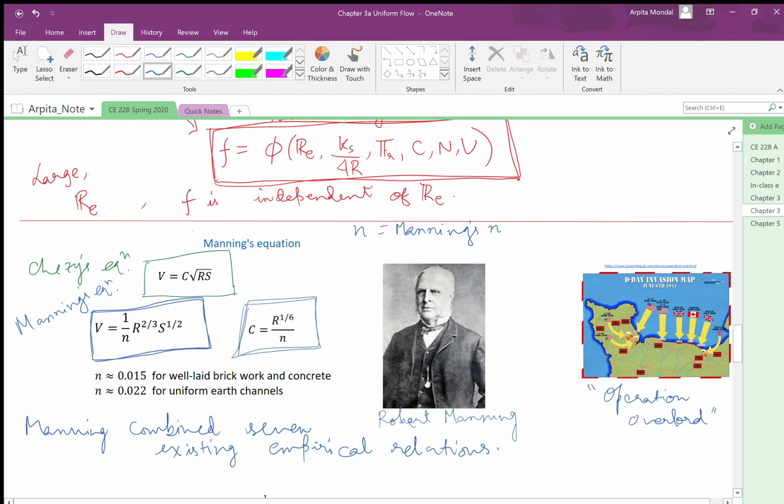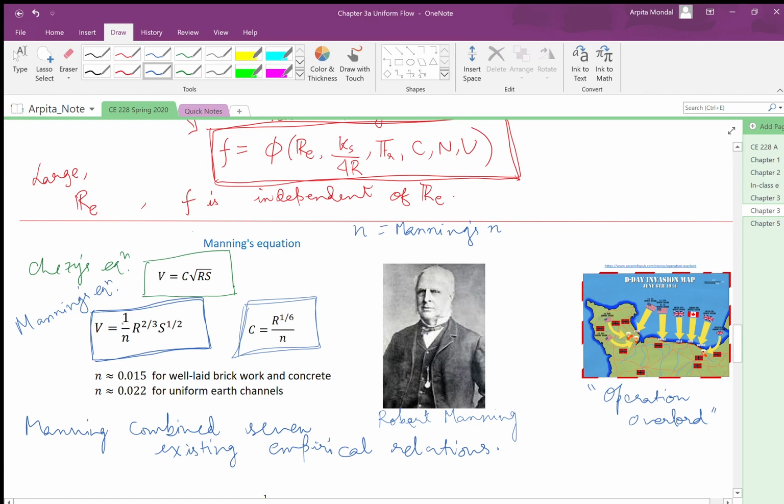He took about 170 observations with varying hydraulic radius, ranging from 0.25 meters to as high as 30 meters. Using those observations, he proposed a formula for the average velocity, relating it to the hydraulic radius raised to the power of 2/3 and the slope raised to the power half.